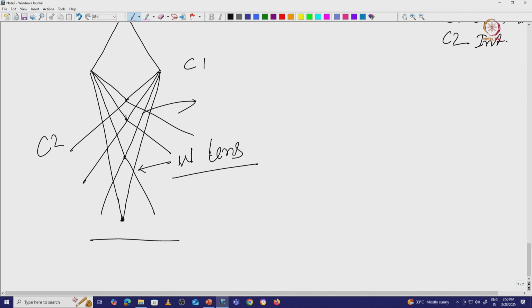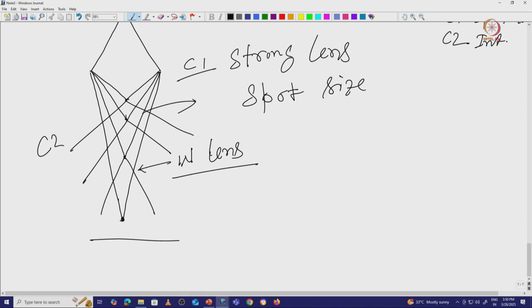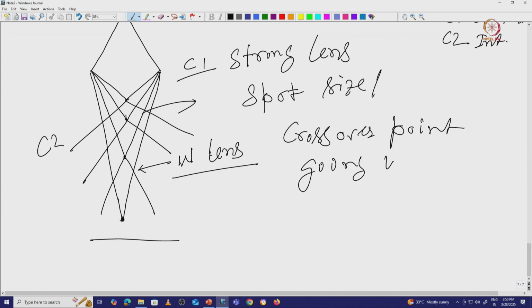In this particular case, when you have a strong lens current, your spot size is changing. This is your spot size, and the crossover point is going up here.